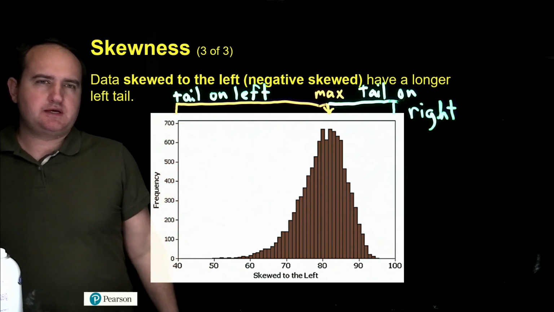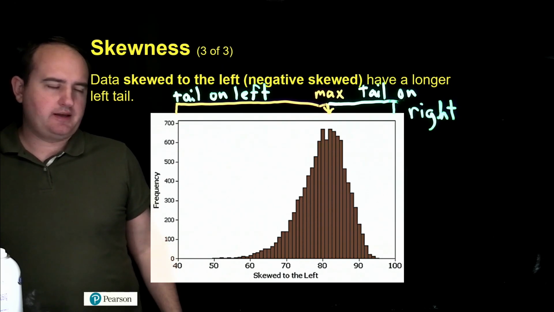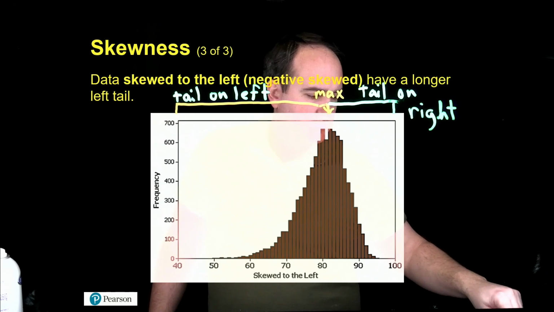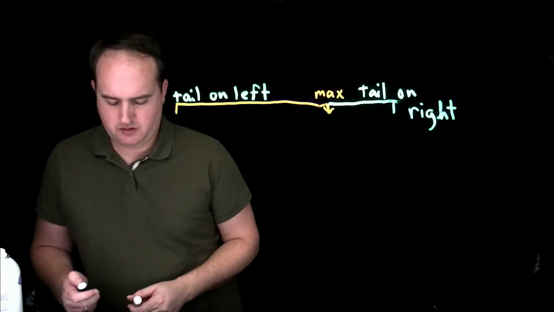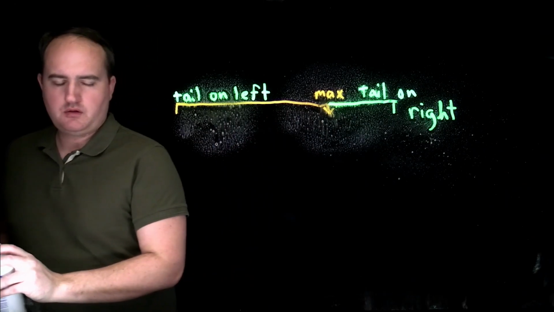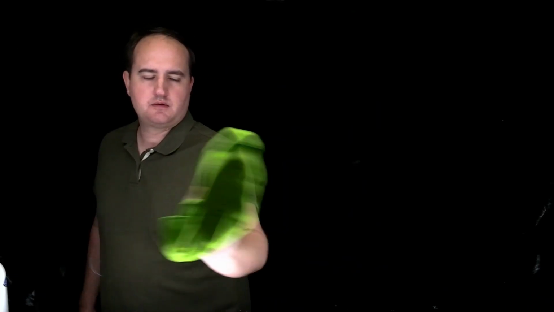But what you're going to notice here, and what I want to summarize, is that this is not on the slides, but I wanted to just write it on the screen here. If your tail is longer on one side, then we're going to be skewed on that side. So many of you probably have already figured that out from what I was describing. Okay.